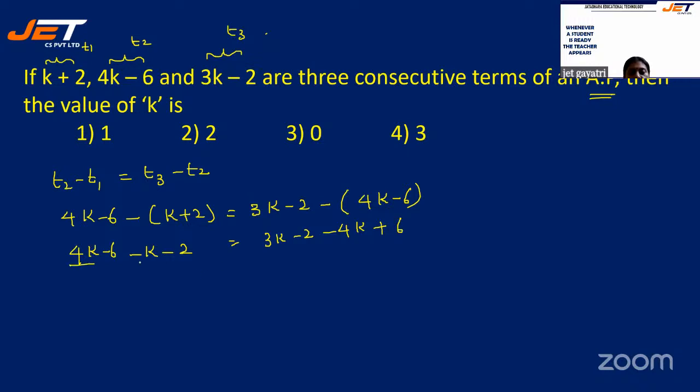Now solve. 4k minus k is 3k, minus 6 minus 2 is minus 8, is equal to 3k minus 4k is minus k, plus 6 minus 2 is plus 4. Isn't it? Now bring everything to one side. 3k minus 8, when this goes to the other side, it becomes plus k. When this goes to the other side, it becomes minus 4.